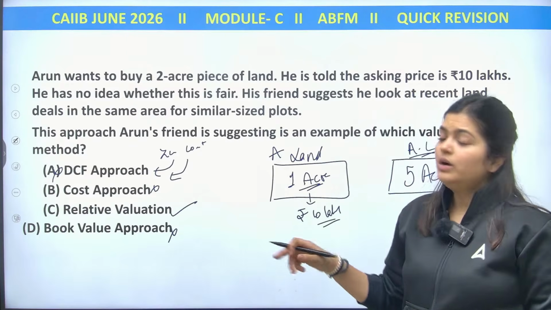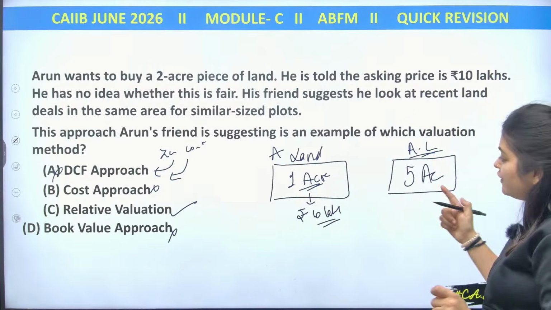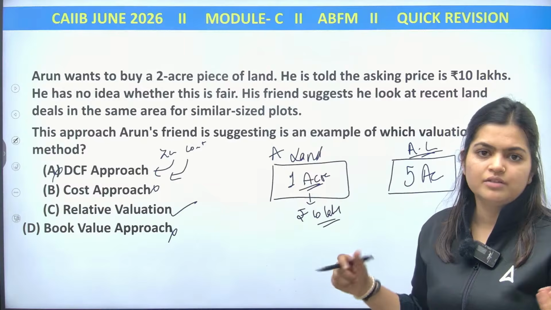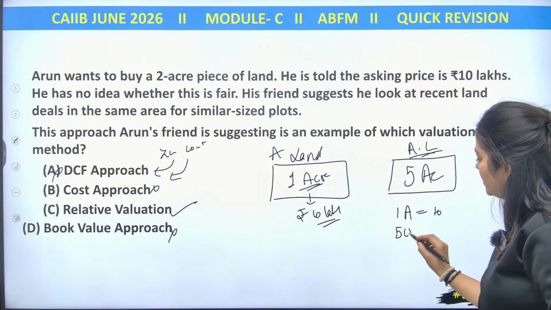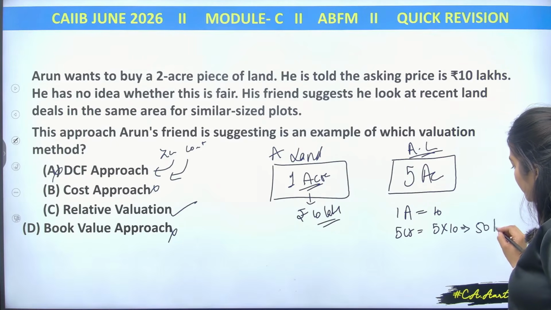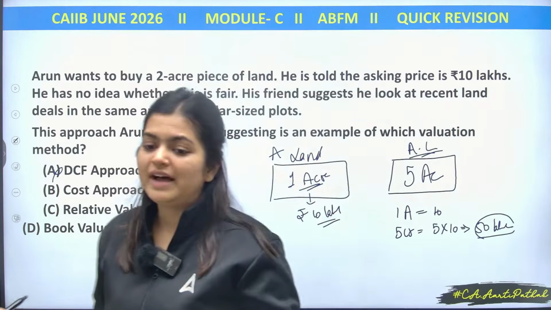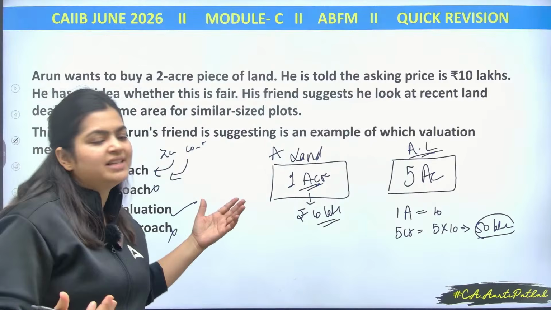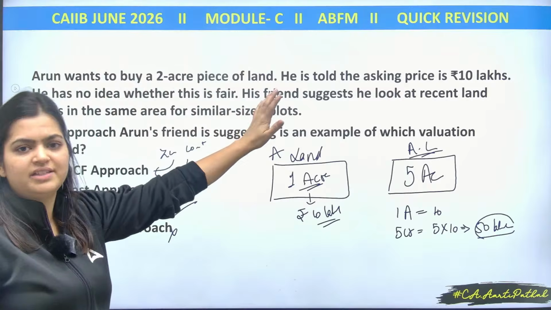So if this recent transaction means 1 acre for 10 lakhs, then 5 acres, how much will I value this? If 1 acre is equal to 10 lakhs, then 5 acres is 5 into 10 lakhs per acre, that is 50 lakhs. This is simple maths we do, correct? So that is relative valuation, and generally we all use the same method. This is the same example you can see here, related to Mr. Arun. This is again a scenario based question.